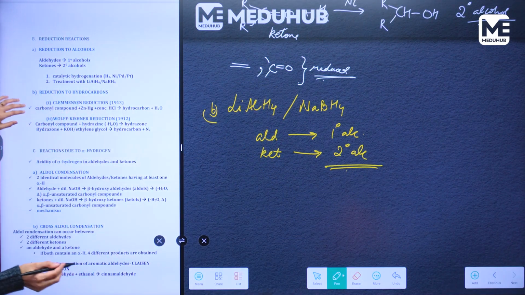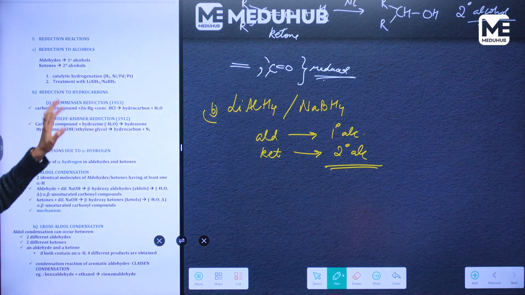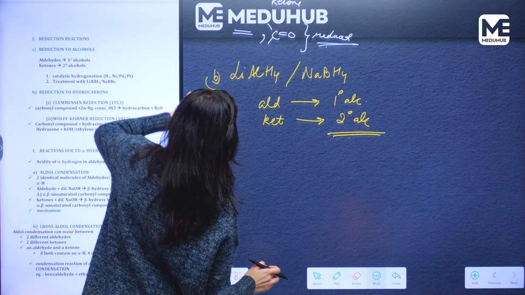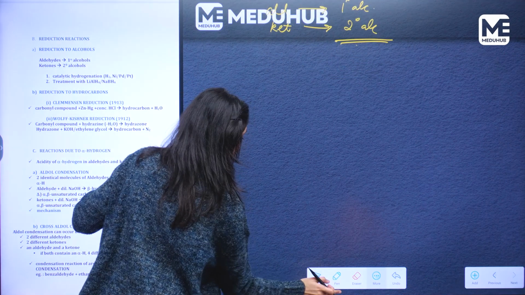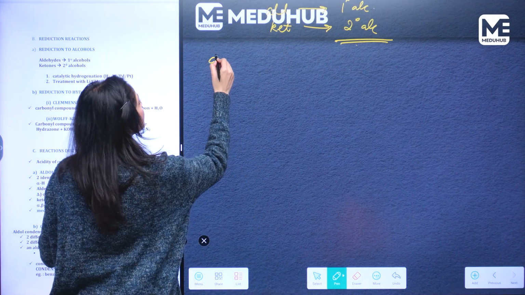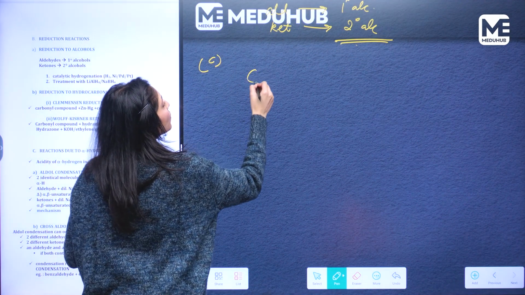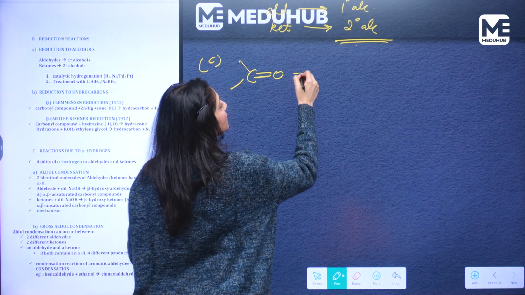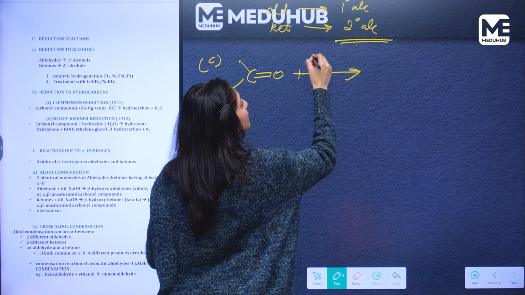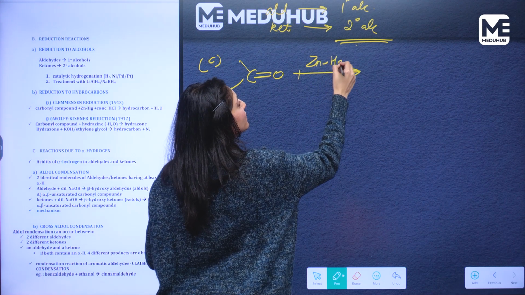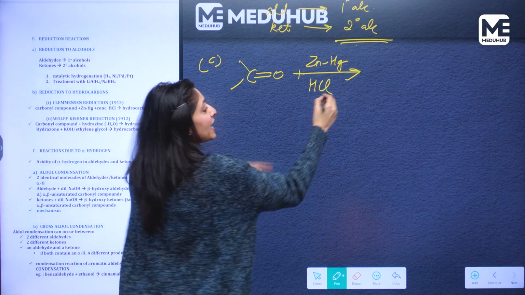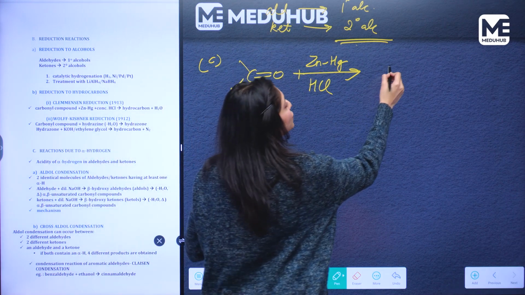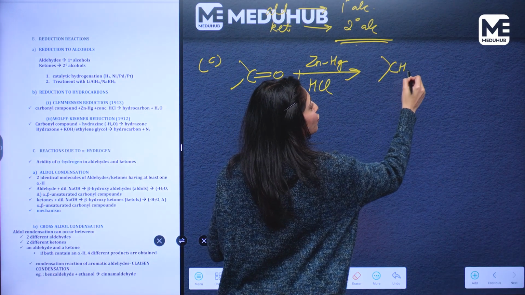The third method of reduction is called Clemmensen reduction. What happens in Clemmensen reduction? We have a carbonyl compound when it reacts with amalgamated zinc. So zinc with an amalgam with mercury, in the presence of HCl, this carbonyl group gets reduced to a CH2 group.